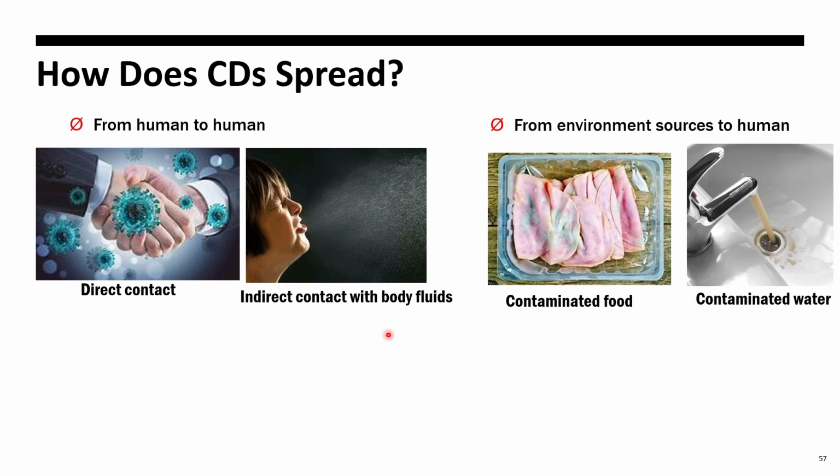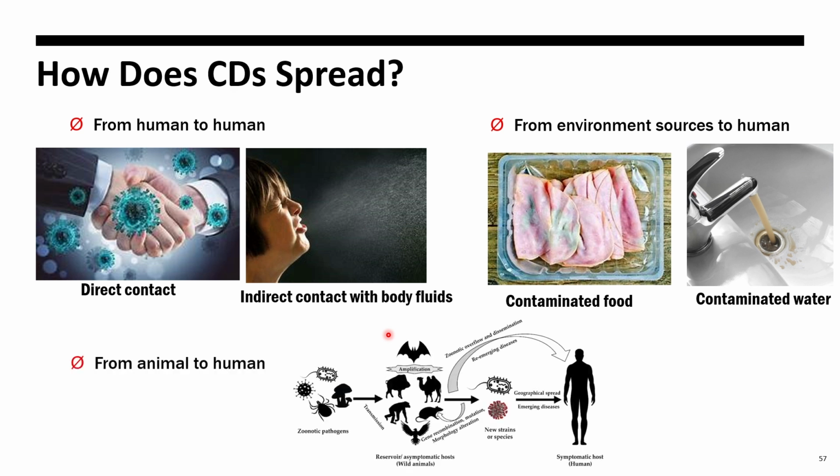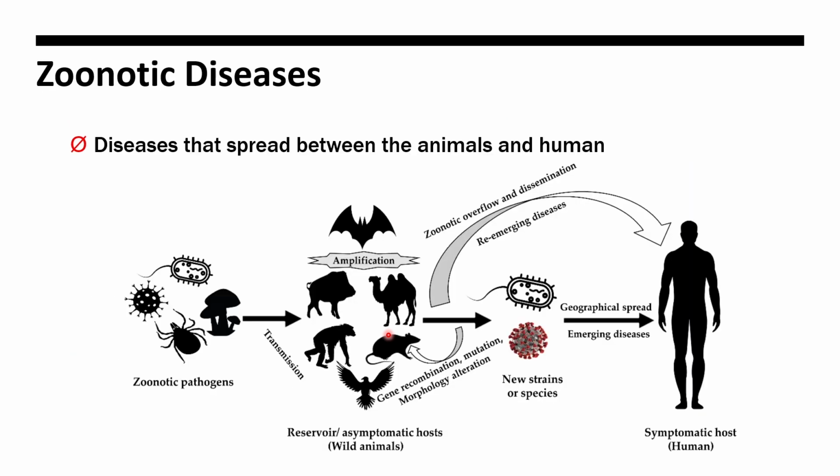If you eat contaminated food or contaminated water, you can get sick. Another way is from animal to human. There are some diseases that spread from animals to humans. These kinds of diseases are known as zoonotic diseases. These are diseases that spread between animals and also between animals and humans.